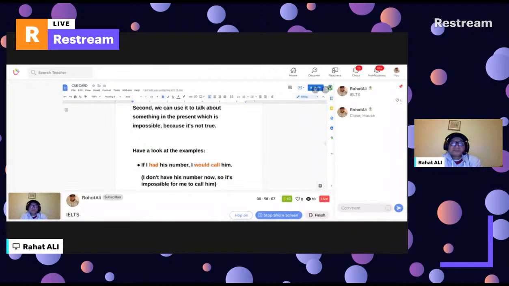So, what are the impacts with these two words? Both, if you can see close and house, there is an s at the end. These two words can be used as both verb as well as noun.